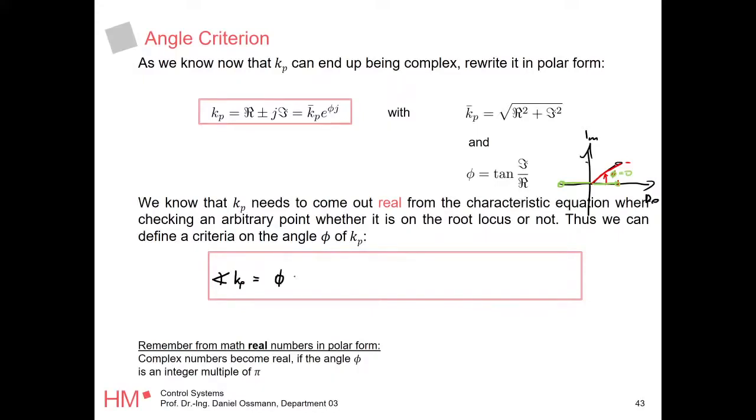I think I named it phi. If the angle turns out to be 0, I will fix that in a second so that it fits your script, but it's easier that way. Then we know that Kp is bigger than 0, and this means we have negative feedback.